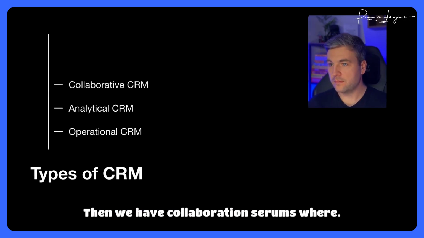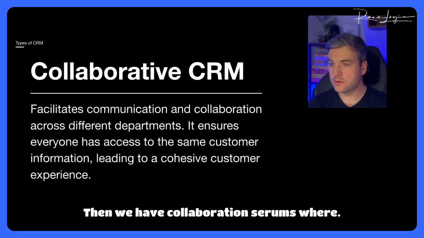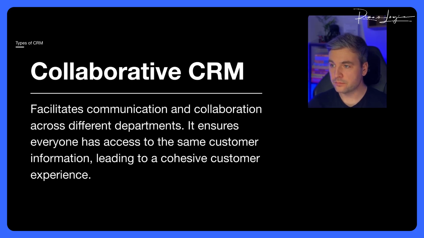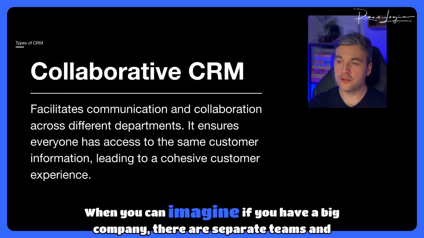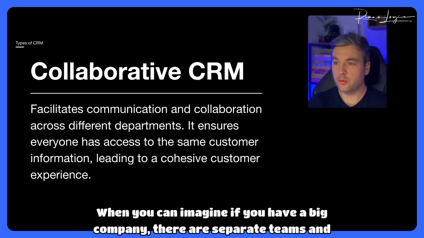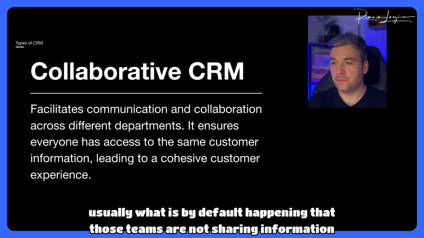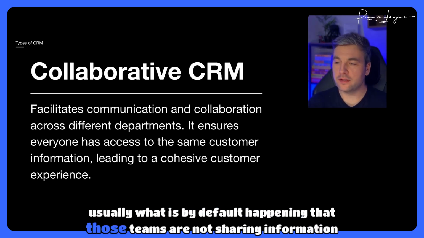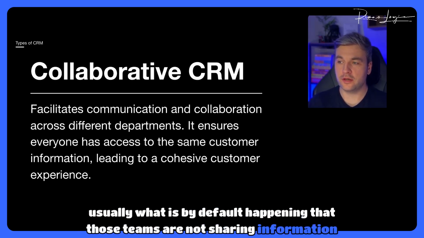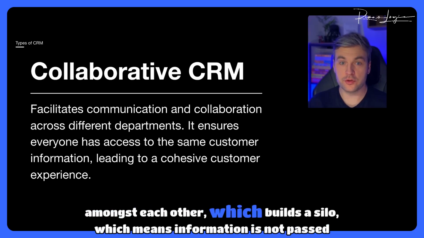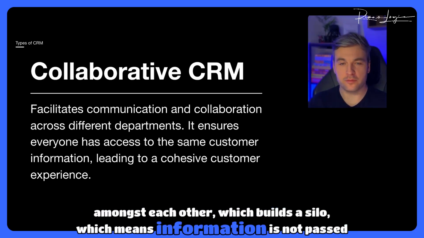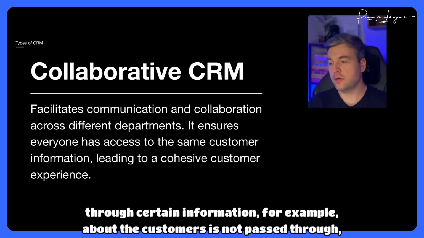Then we have collaboration CRMs. You can imagine, if you have a big company, there are separate teams, and usually by default those teams are not sharing information amongst each other, which builds silos, which means information is not passed through.